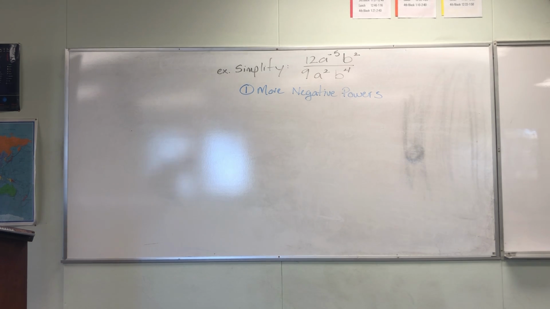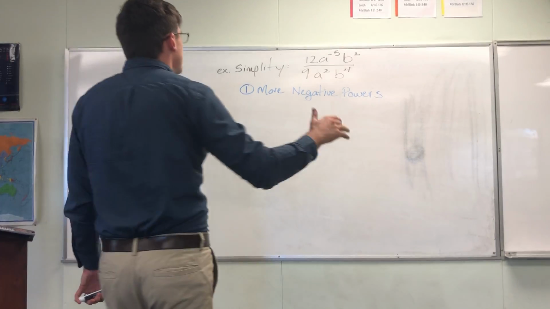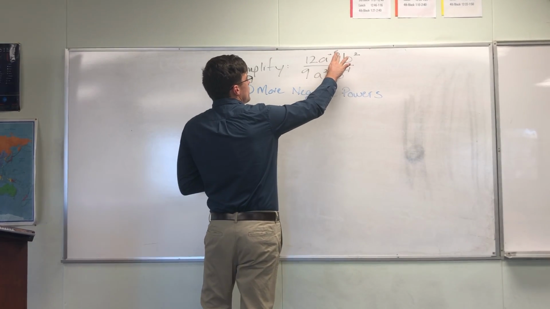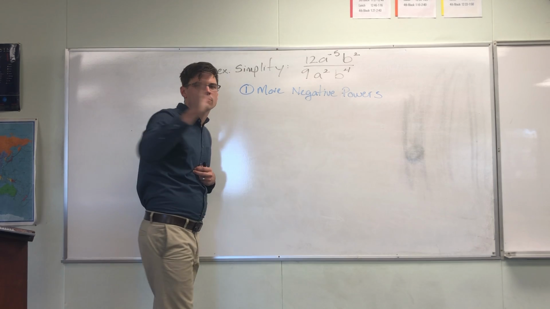And so the first thing I want to do is move that negative exponent so that I can turn it into a positive exponent. Now the reason why I want to do that is because it's going to be kind of hard to figure it out if I jump in by, so let me rephrase that.